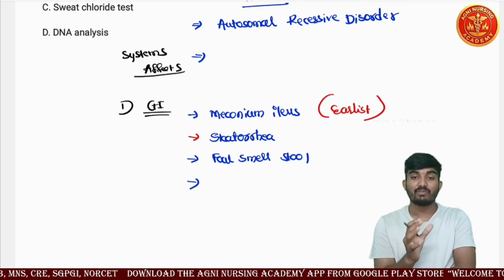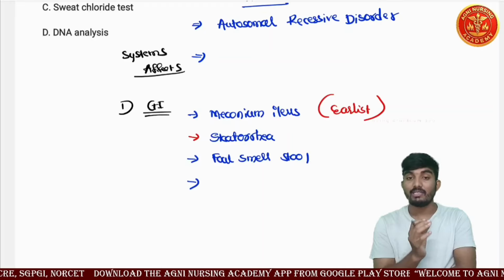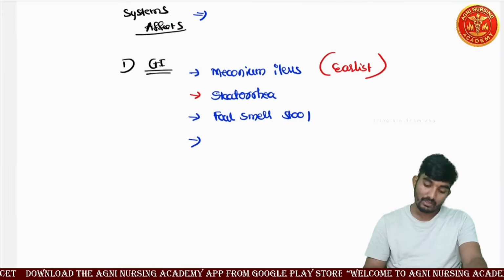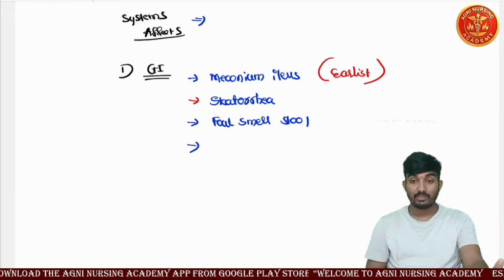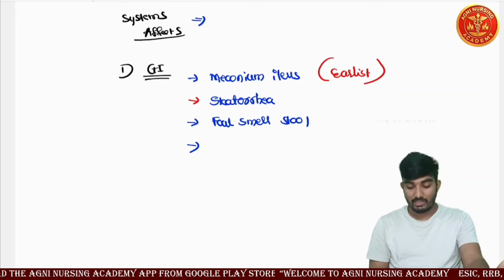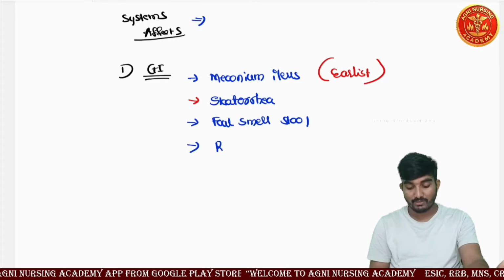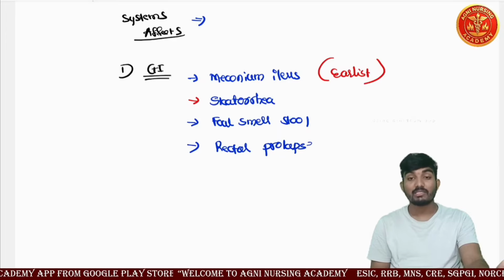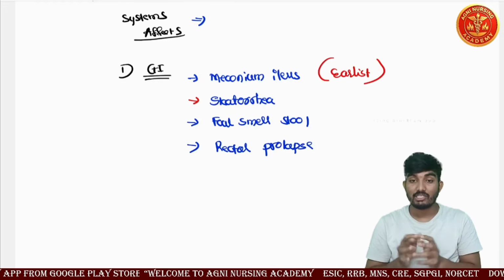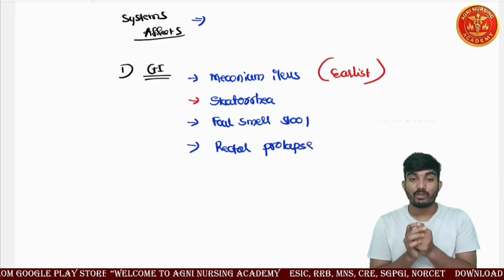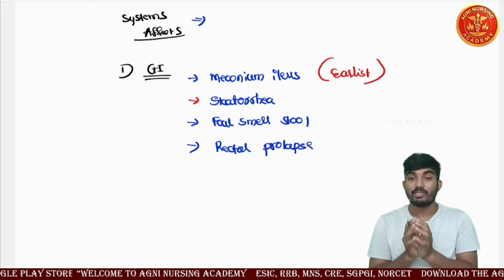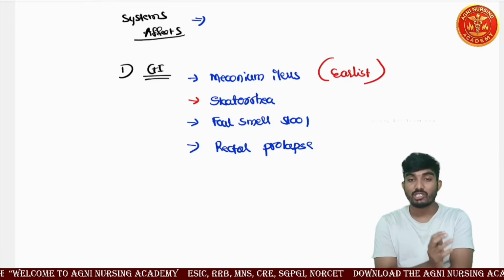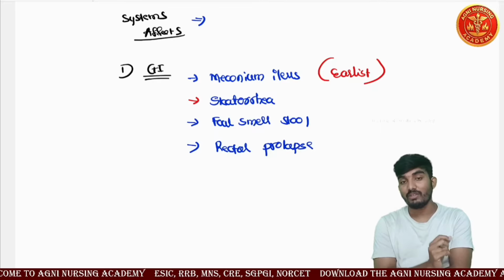Because of that, foul smell will be present. And we can also see rectal prolapse because of the thick secretions, that is, dry stool. During the passing of stool, the person will strain, and if he strains more, there is a chance of rectal prolapse in cystic fibrosis.